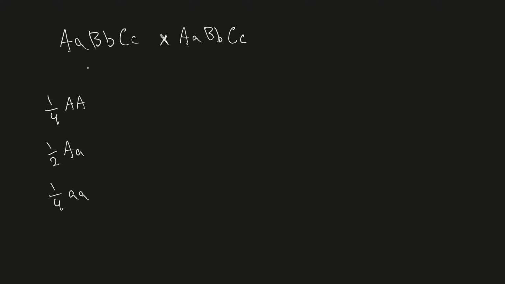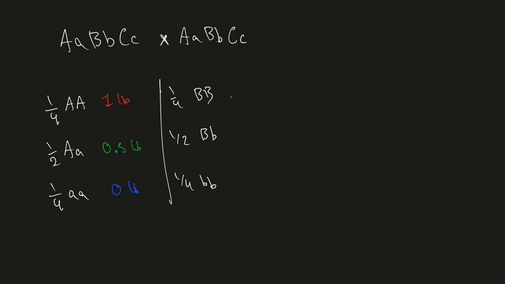And we know that if you have 2 big A alleles, this is going to contribute 1 pound, right? And if you're heterozygous, you're going to contribute half a pound. And if you're homozygous recessive, you're going to contribute 0 pounds to the base weight. And the same thing goes for the B alleles. You have 1/4, 1/2, 1/4. You have big B, big B, big B, little b, and little b, right?